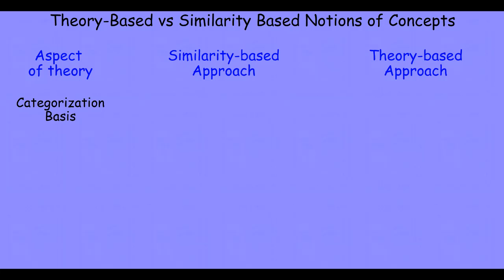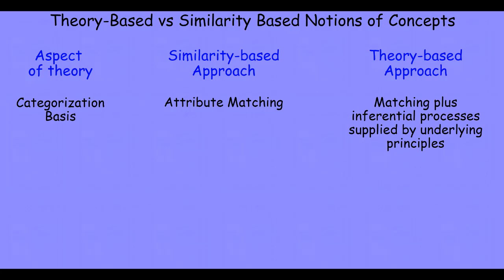When we look at the basis for categorization, in similarity-based approaches, it's attribute matching. That's how we categorize. In theory-based approaches, there's attribute matching, but there are also inferential processes that are supplied by underlying principles. So there are rules that are also used, inferences that are made based on principles about the sort of thing we're dealing with.